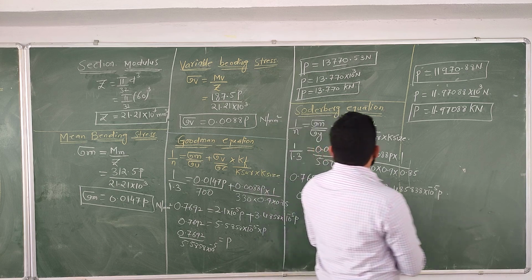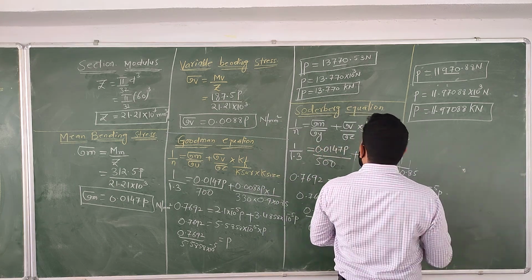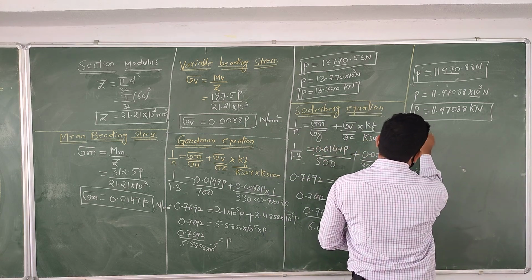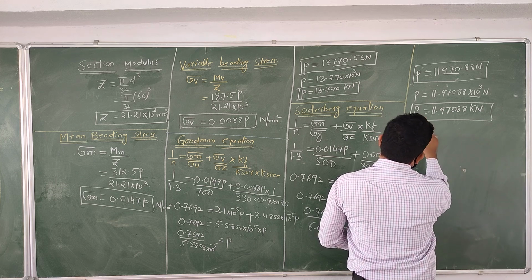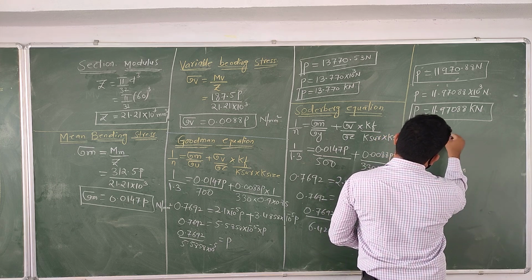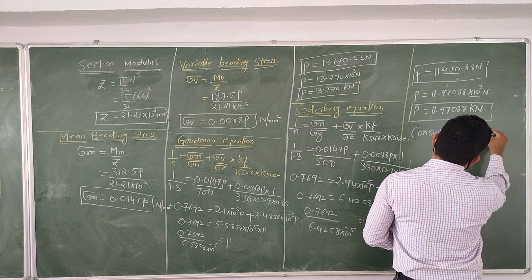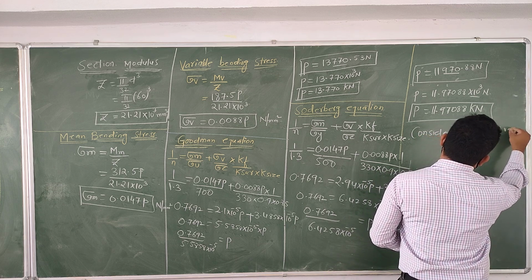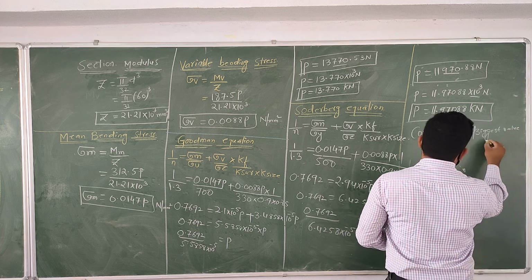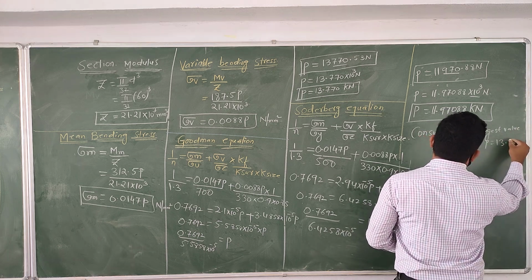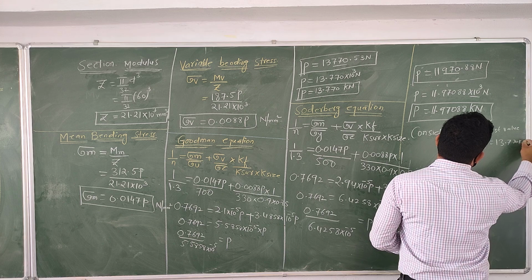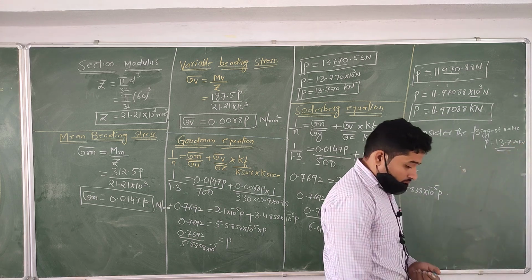The biggest value is from the Goodman equation. Consider the biggest value. P equal to how much? 13.770 kilonewton.